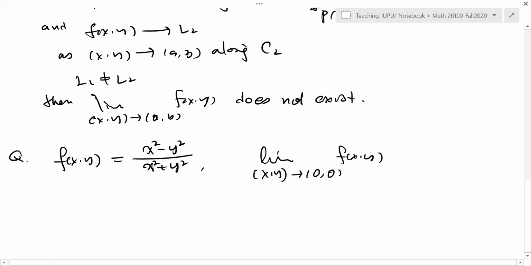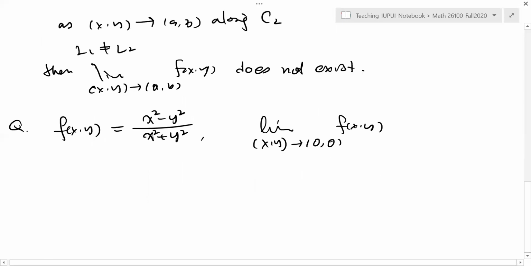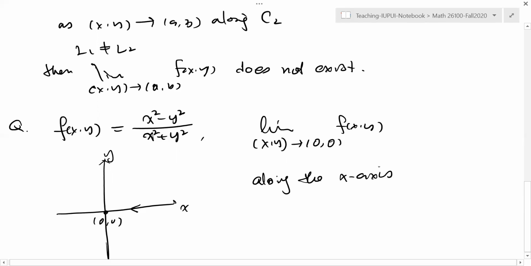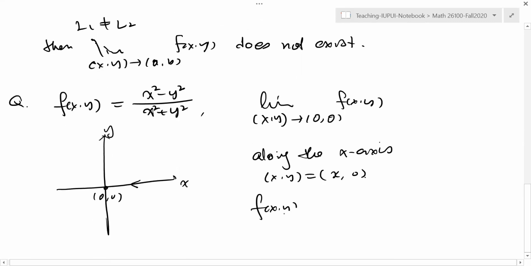Now, to show the limit doesn't exist, first we can check along different paths. Along the x-axis, y is 0, so f(x, y) is f(x, 0).